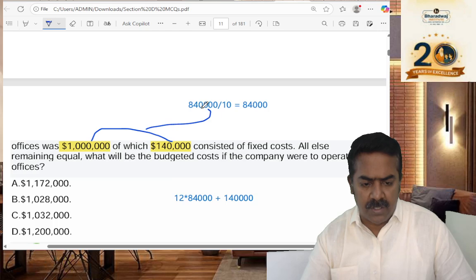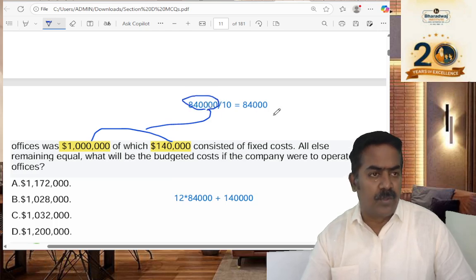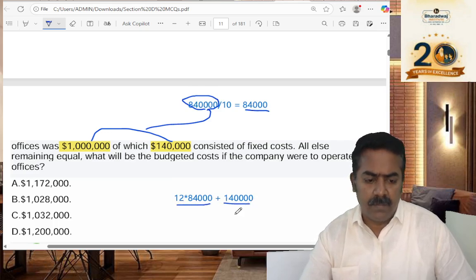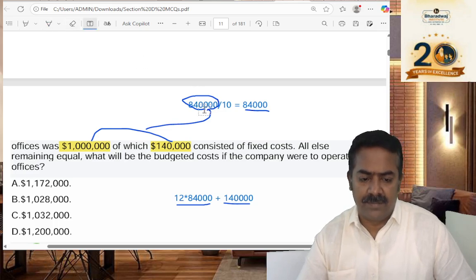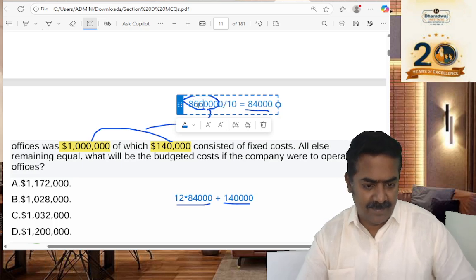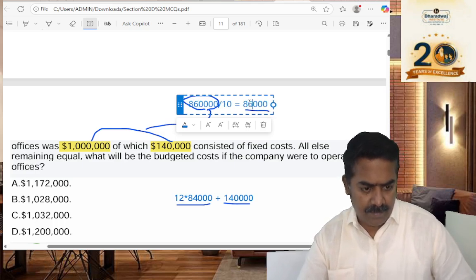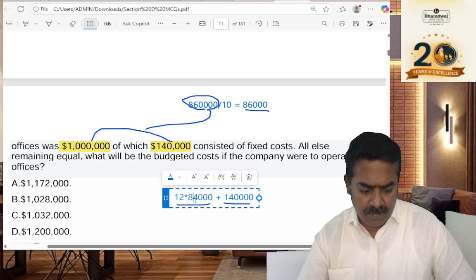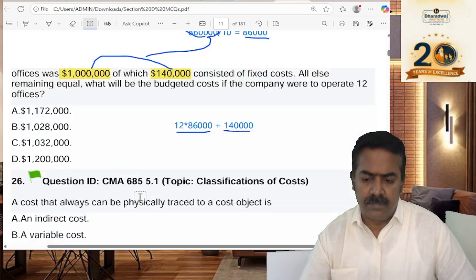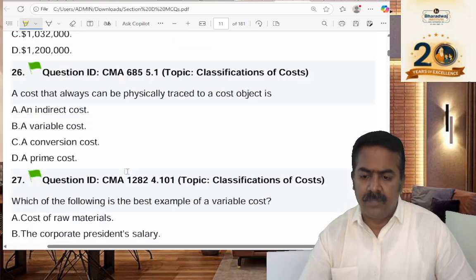Balance will be variable portion. 1 million minus 1,40,000, 8 lakh 60. What is the answer? 11 lakh 72,000. Correct.